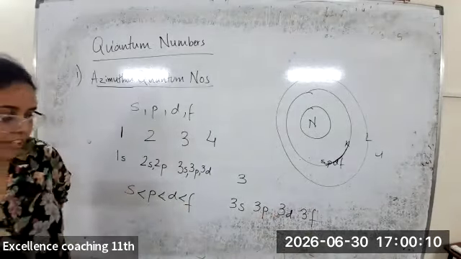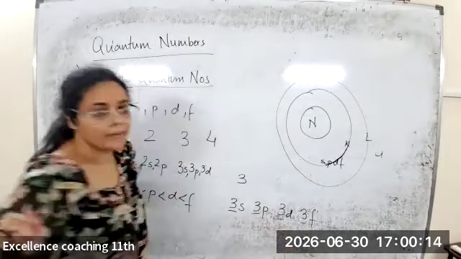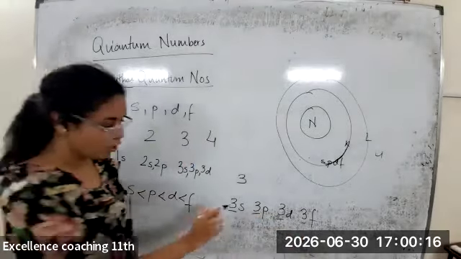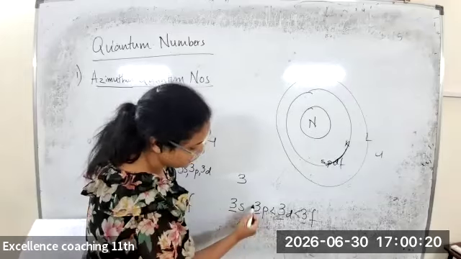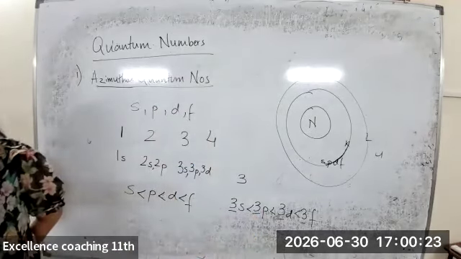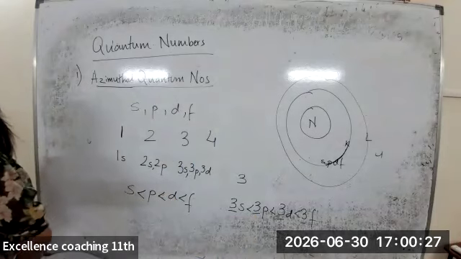If my principal quantum number is kept constant, then the energy order will be F greater than D, then P. Understood this much? Do you all have any doubts?